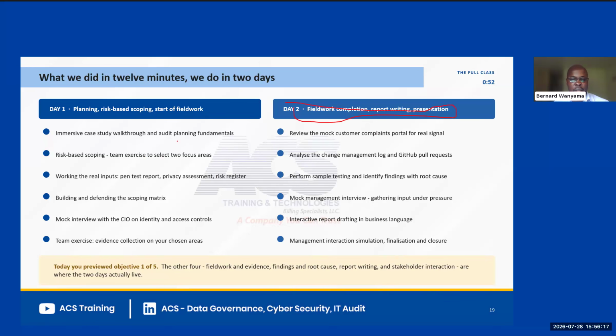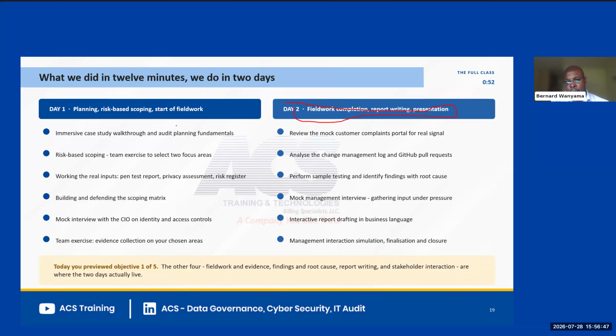That should give us a very packed but very intense and very realistic view of what we can do together as an audit function interacting with different entities, management, IT, vendors, and other risk and compliance support functions within the organization.